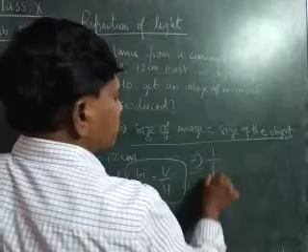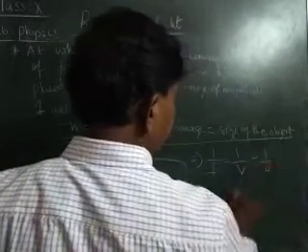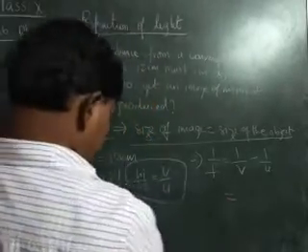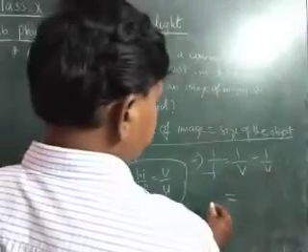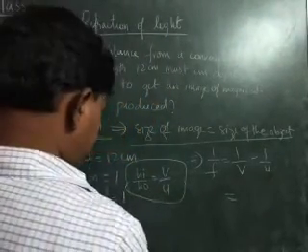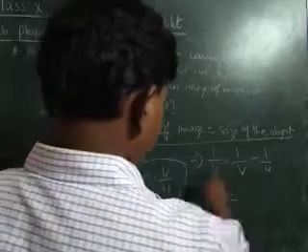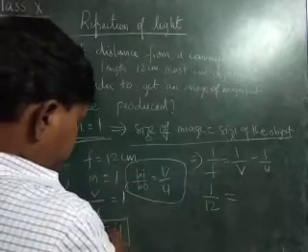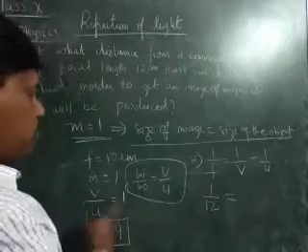Use the lens formula: 1 by F is equal to 1 by V minus 1 by U. Here, V is equal to U, or U is equal to V we can write. 1 by F is 1 by 12, F is given as 12. Here U is equal to minus V we write. Why? Because the sign convention of U is minus.